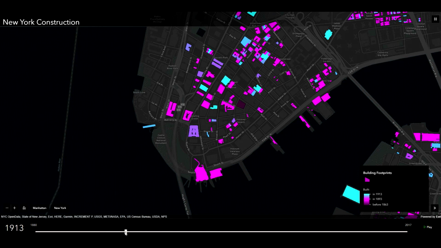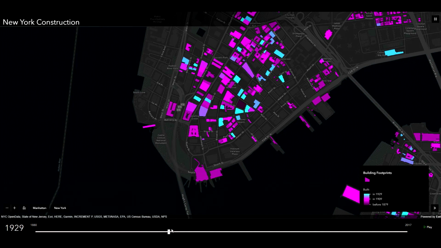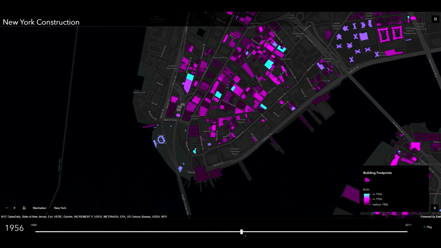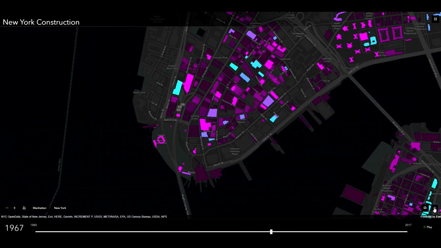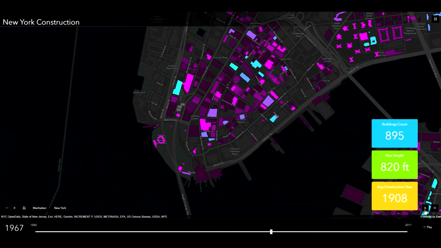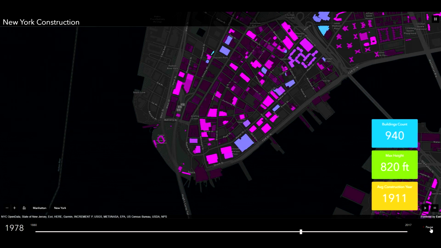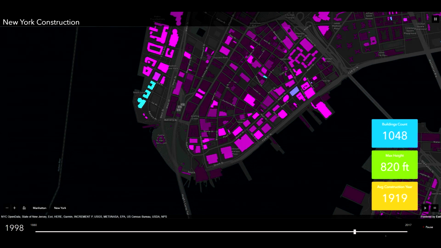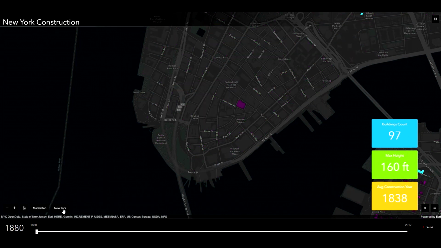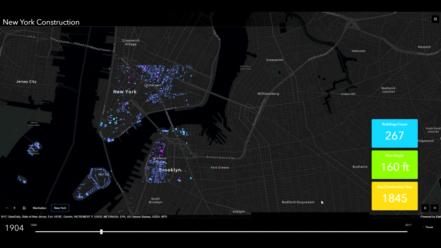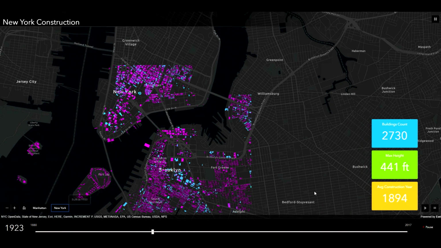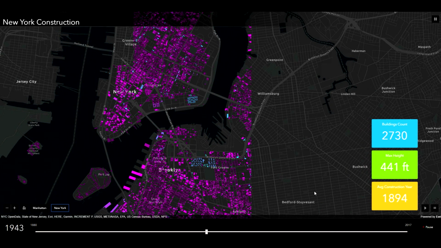Now, this is a time filter that visualizes the buildings based on their construction year. It's interesting to look at the building statistics and watch the expansion and height of buildings change over time. Now, when I zoom out further, because we're rendering with WebGL, the app can display more than 400,000 building footprints.